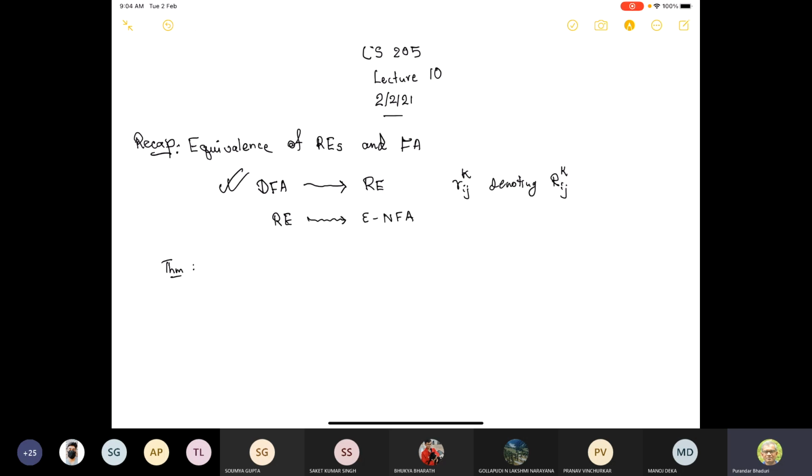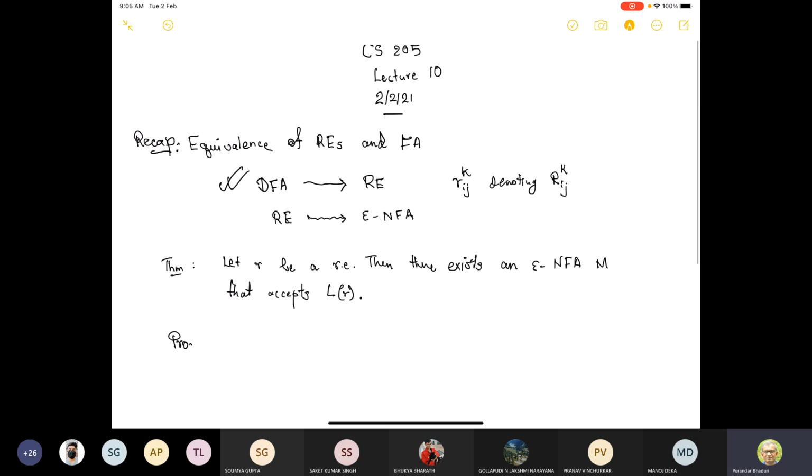So the theorem says let R be a regular expression, then there exists an epsilon NFA, say M, which accepts the language denoted by the regular expression.